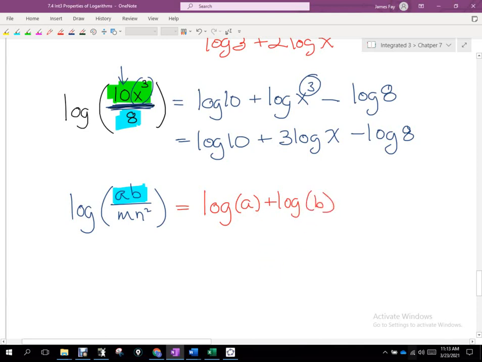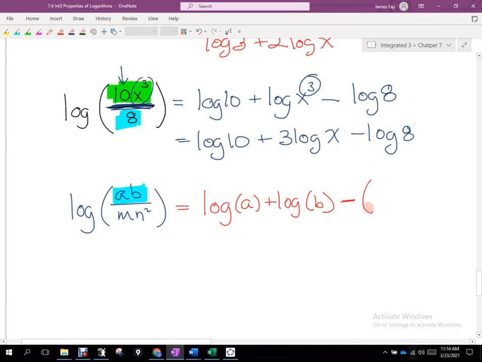Now, here's where this is a little bit different because now there's a product on the bottom, right? So in the last one, there was only a singular thing on the bottom, so we just put a minus sign here, right? If there's a product on the bottom, you're subtracting that sum then. Does that make sense? So what we need to do is make sure that, because there's a product down there, we put parentheses here.